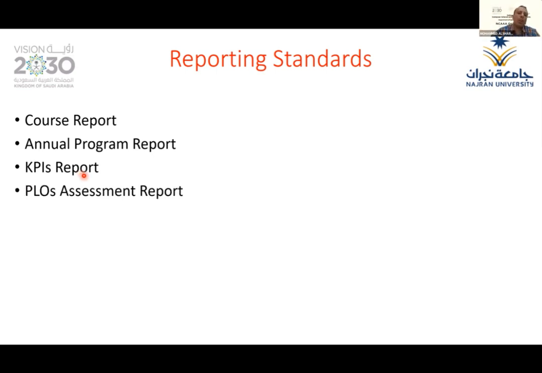We have PLO assessment reports, semester-based. For each semester, for example, last semester, we assessed 2 PLOs, so we have a report for these 2 PLOs. But finally, when we assess all the PLOs, we have one final PLO assessment report.